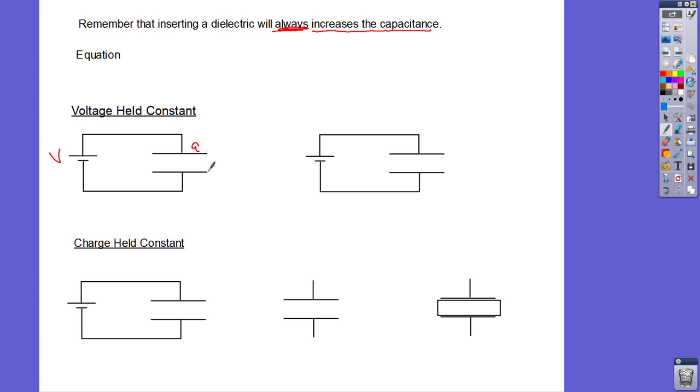So if we hold the voltage constant, so if we take our dielectric and we put it in here now, what's going to happen? Okay, so we know the capacitance is equal to Q over V. We put the dielectric in there. If the capacitance is going to go up and the voltage stays constant, that means that the charge increases.